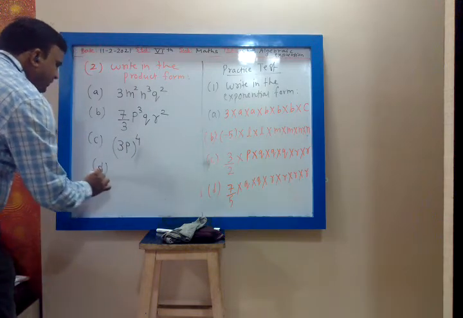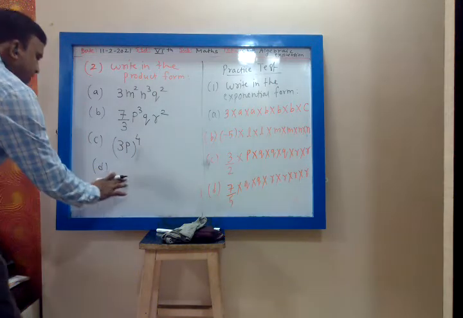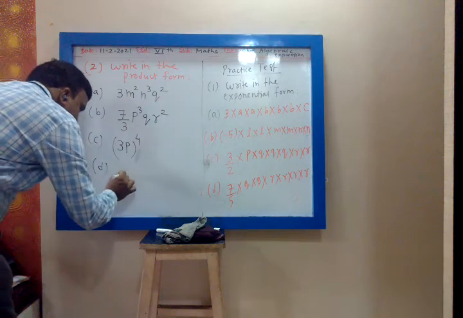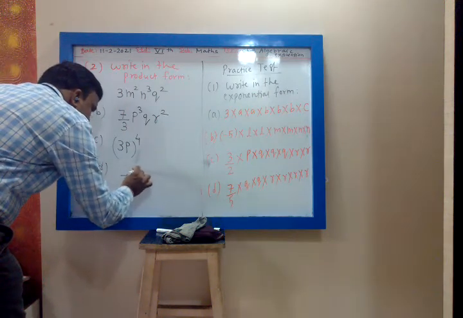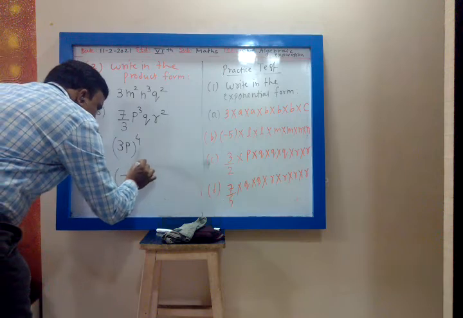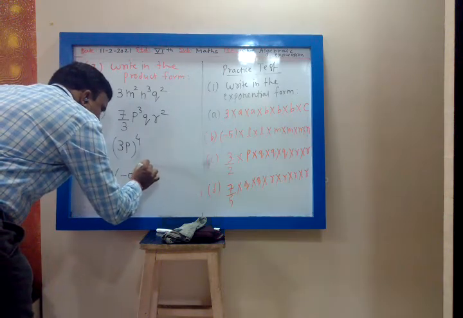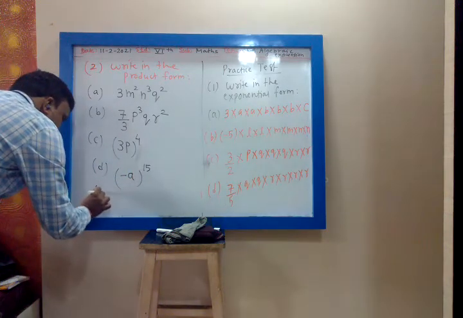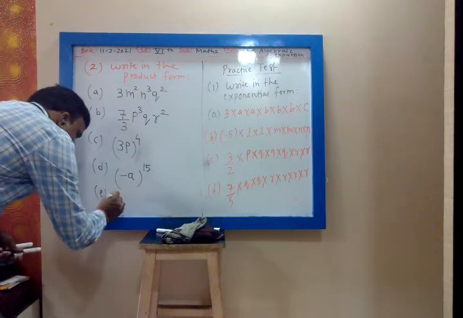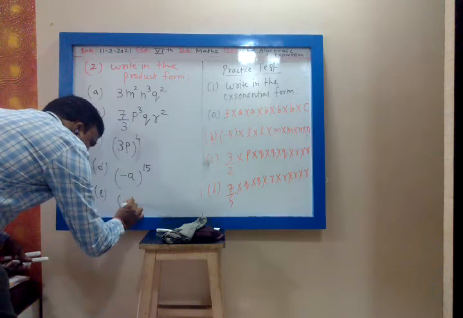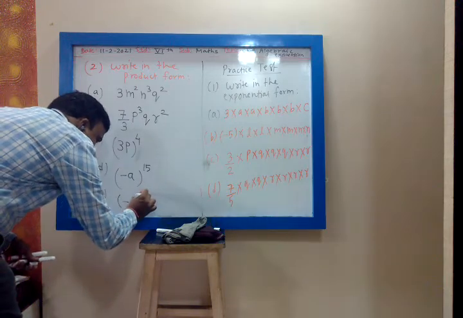Then d, minus a raised to 15. E, minus a raised to 50. Then E is minus p raised to 5. Start.